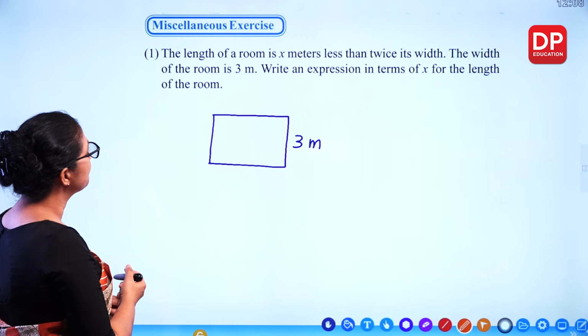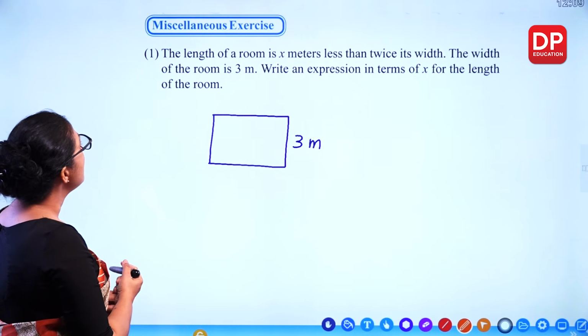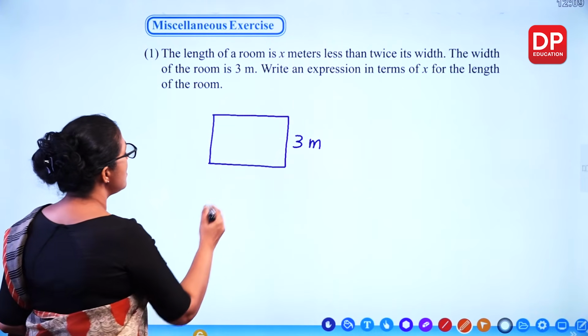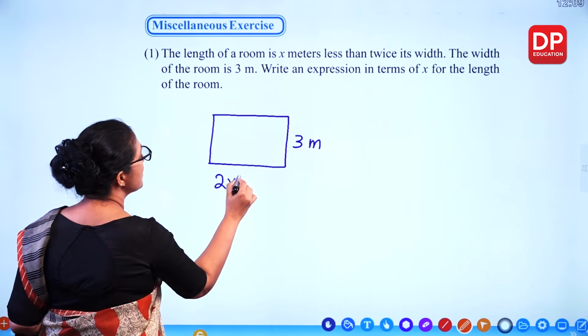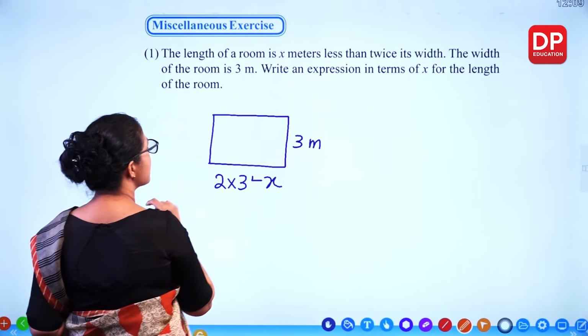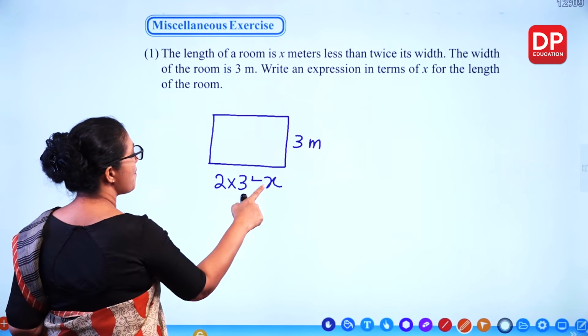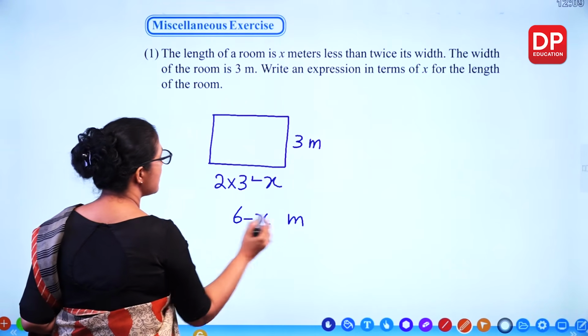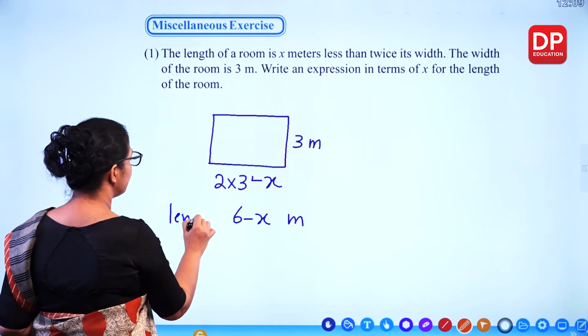What's the length? The length of a room is x meters less than twice its width. Twice its width, but x meters less. So 6 minus x meters. It's the length.